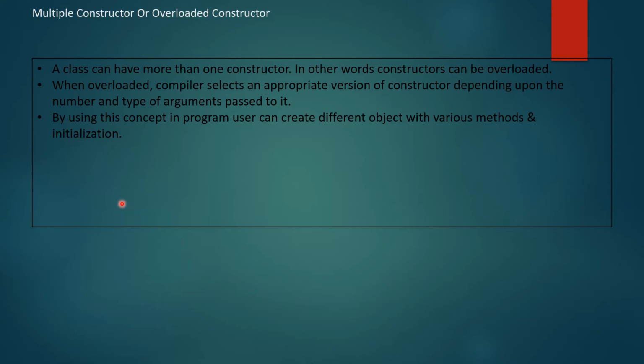When you overload the constructor, the compiler will identify the version based on the parameters you have passed and call the appropriate version of that constructor. If your program has more than one constructor, then you can say you have overloaded the constructor.